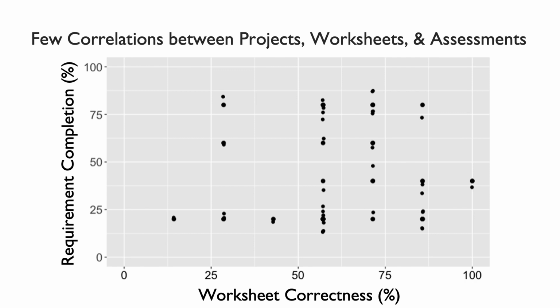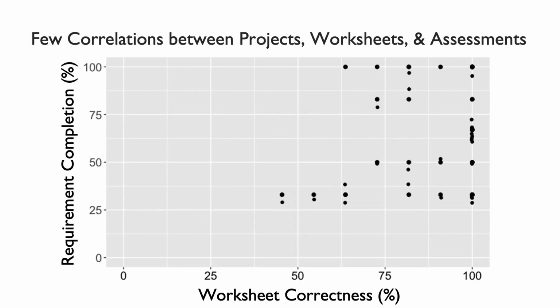Either scattered all over the place, which was characteristic of earlier projects, or concentrated on the right half of the plot, but with no other patterns beyond that, and this was more characteristic of later projects in the curriculum. And as for any relationship with the assessment questions, those were rare, and any correlations that did exist were weak.